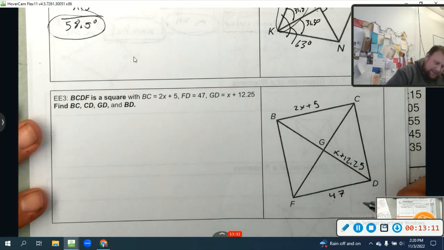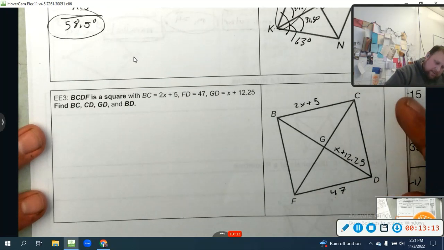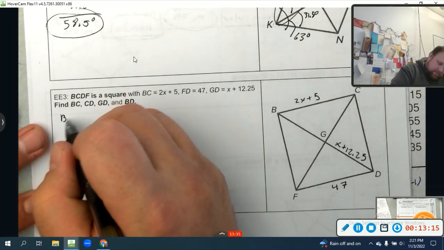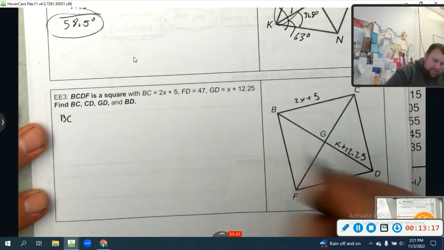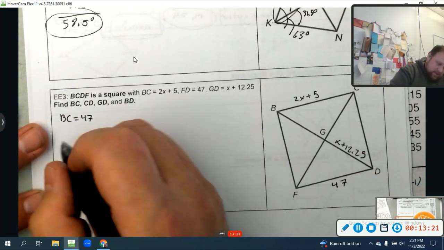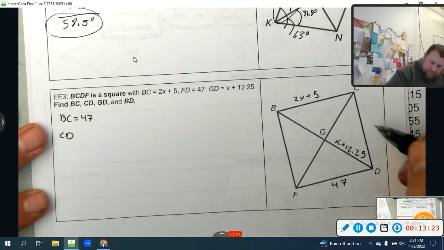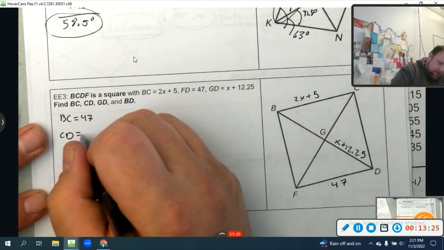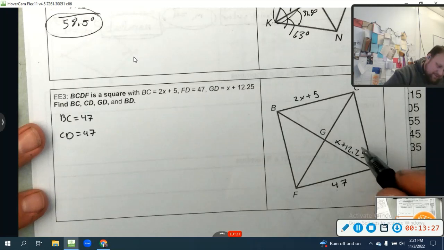Find BC. Well, BC, it's a square, so BC is the same as FD, so BC equals 47. CD is also 47. It's a square. I got that.